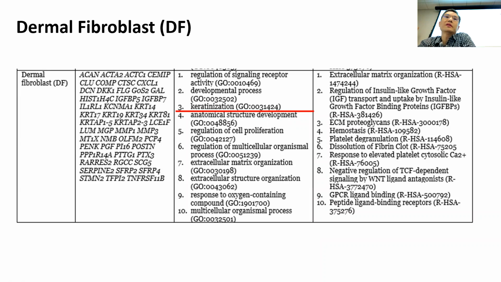The most interesting and important function to me is keratinization, to create keratin for the dermal, the skin, right? So this is also a unique functional feature for this group of cells, and these genes reflect it.